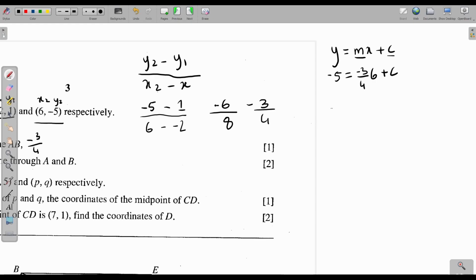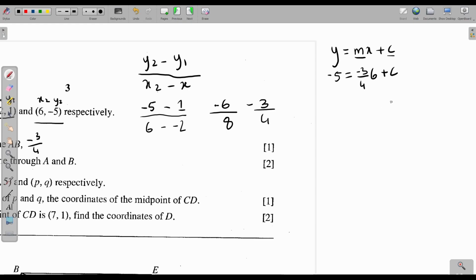First I'm going to multiply both sides by 4. So that would leave us with 4 times minus 5, which is minus 20, and this would be minus 3 times 6, which is minus 18, over 4, and then plus 4c, since we're multiplying the whole thing by 4.